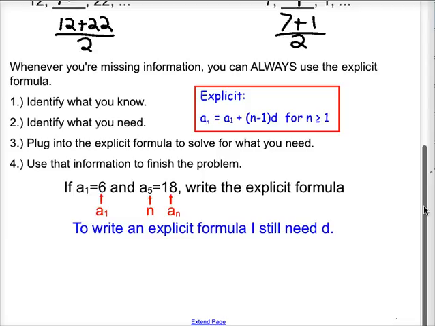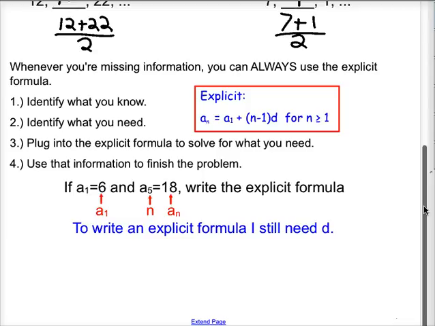So the first thing you want to do is identify what you know. Here, if A1 is 6 and A5 is 18, write the explicit formula. Now, what I have is the first term, a future term, and n. Unfortunately, that's not enough information to write my explicit formula.